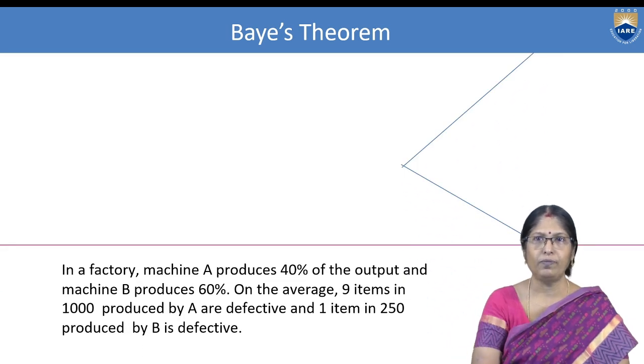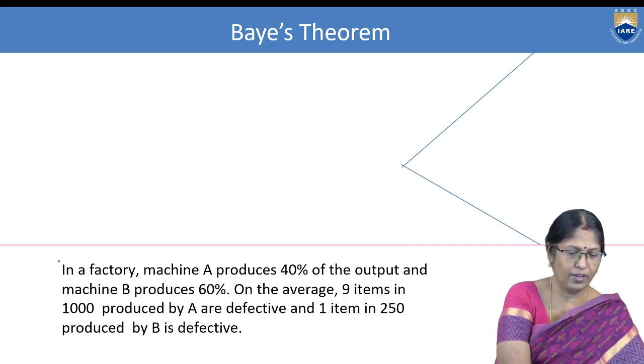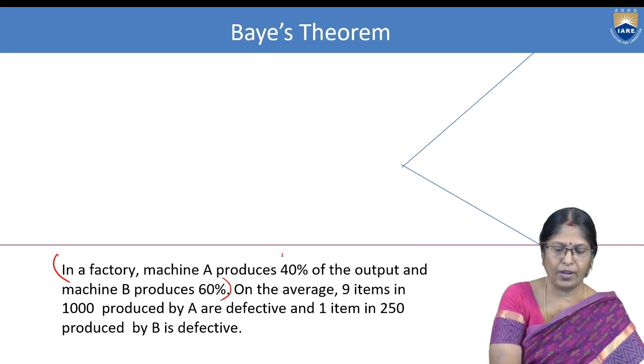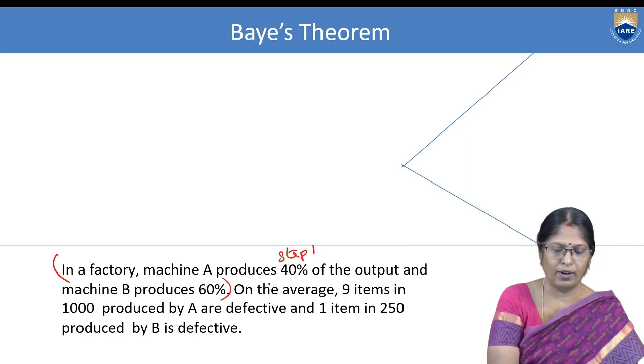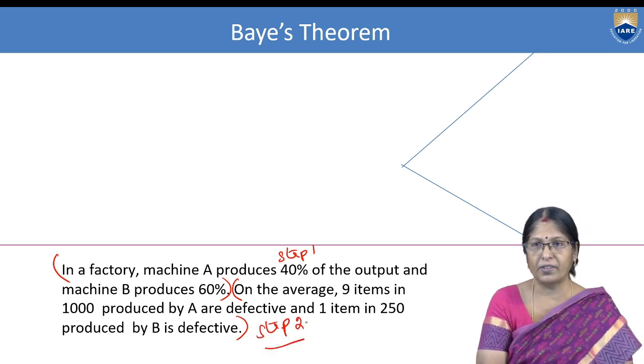Step 2. Step 2 is the new event, that intersecting event. Here the intersecting event is that the outputs are defective. So we can see it. Up to here we completed step 1. Now what we are going to do is step 2. It's our intersecting event with our main events.